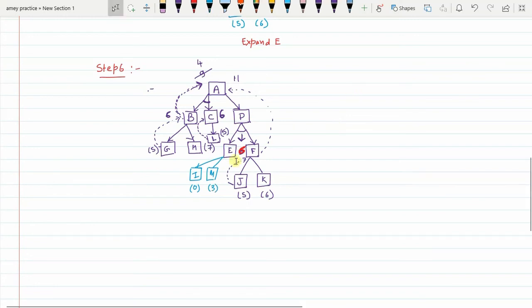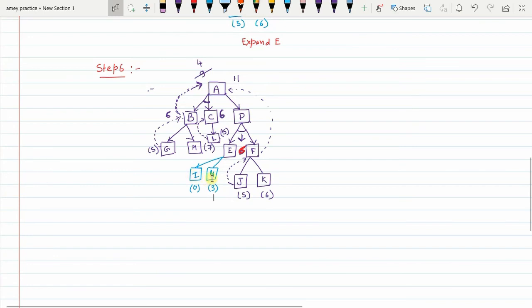Now please note that since I's heuristic value is 0, it is obvious that I is the goal node, and our aim was to reach the goal. Fine. So in this iteration, after checking whether E is a goal node, E was not a goal node, so we decided to expand E. When E was expanded, two successors were found, that is I and M.